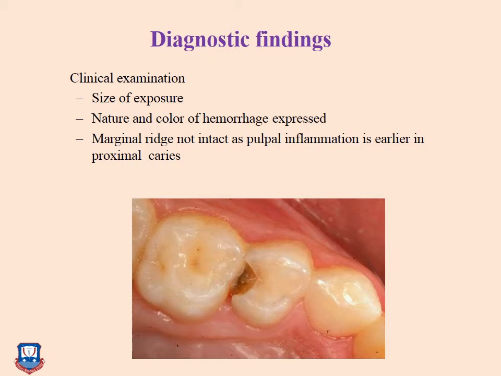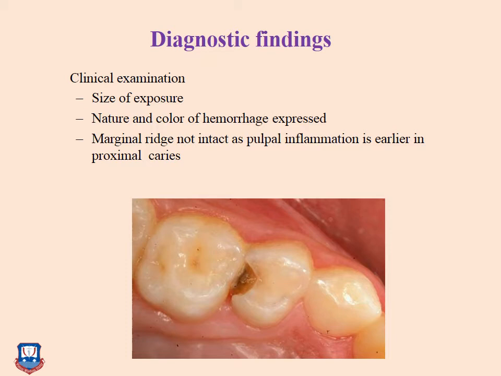If the size of exposure is large and carious exposure, then we move on to the next treatment, that is the pulpectomy. The nature and the color of hemorrhage expressed: if bleeding from the amputated pulp is dark red in color, it indicates the pulp is inflamed.